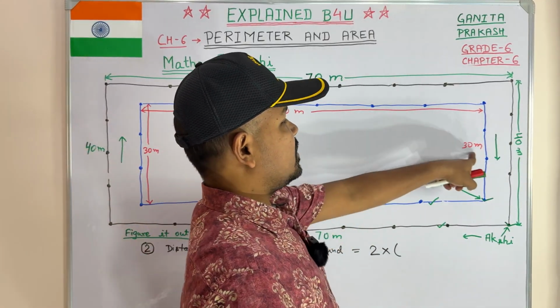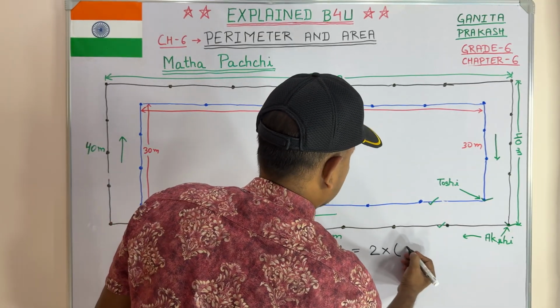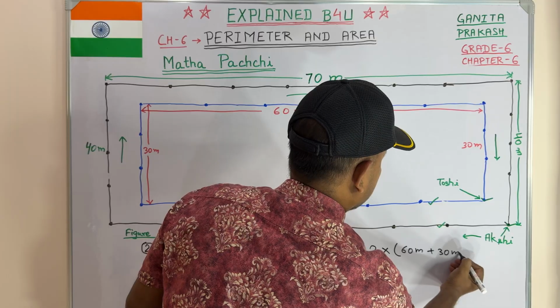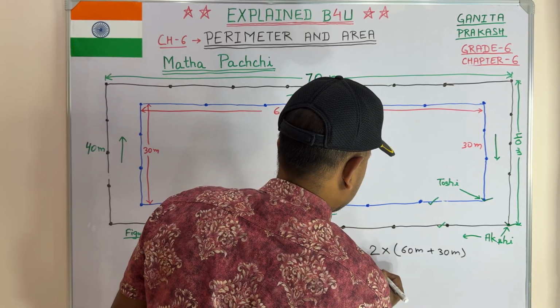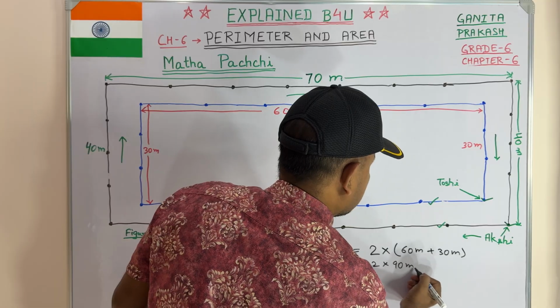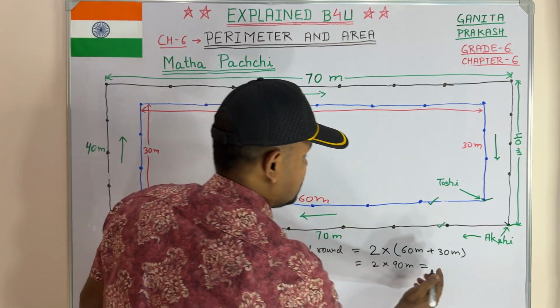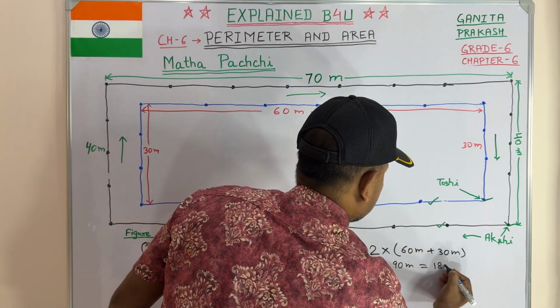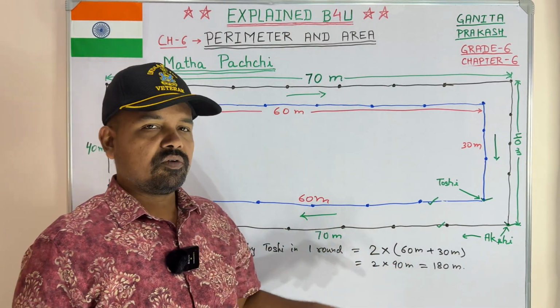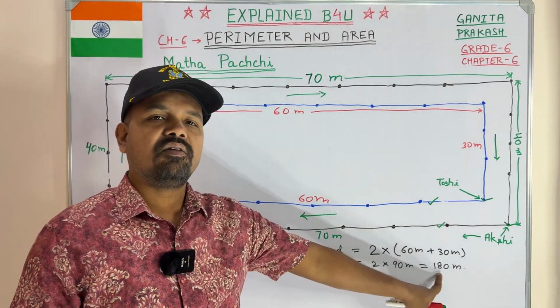So we can write 60 meter plus 30 meter. How much will it be? 2 multiplied by 60 plus 30, which is 90 meter. So 2 times 90 is 180 meter. Distance covered by Toshi in one round: she covers 180 meter in one round.